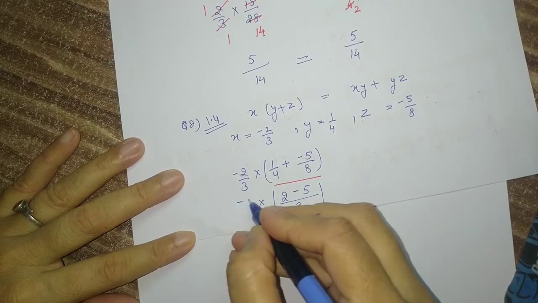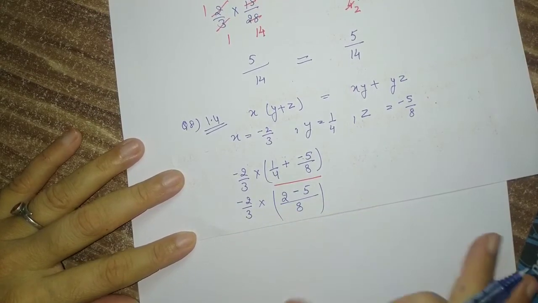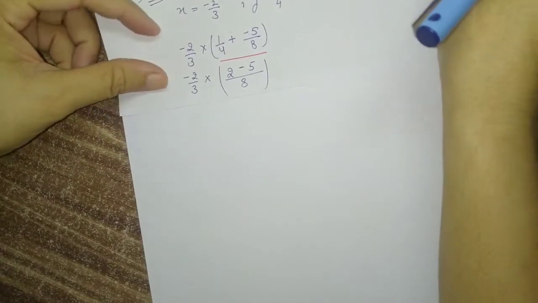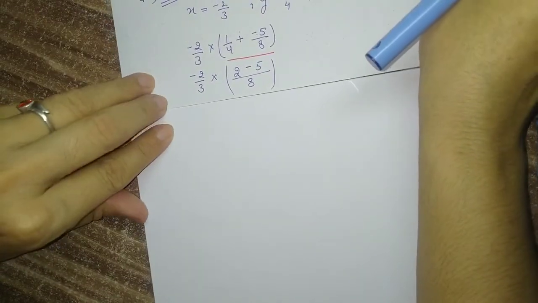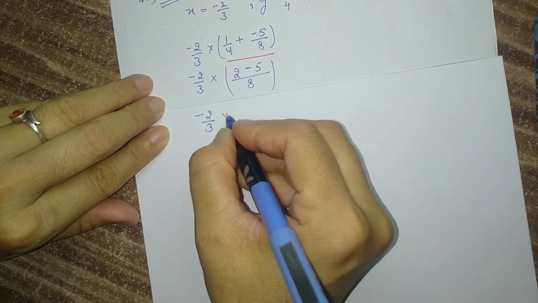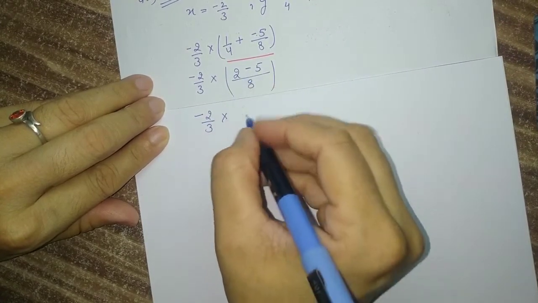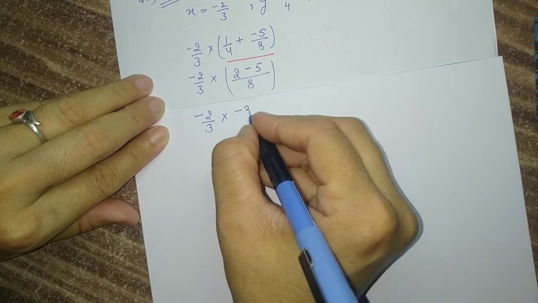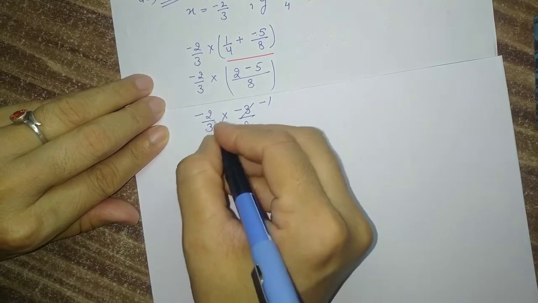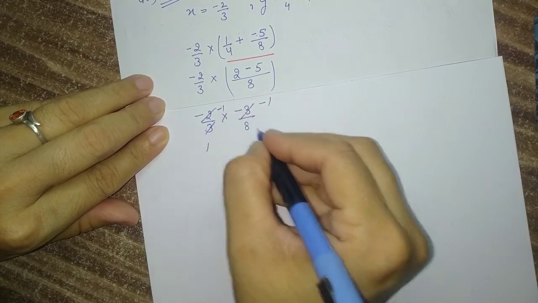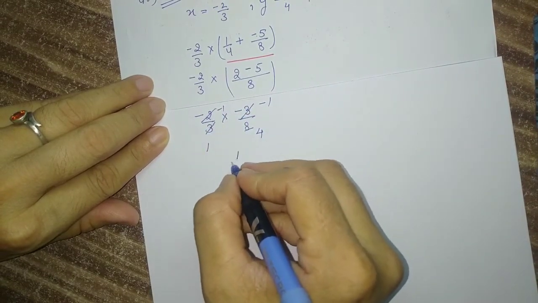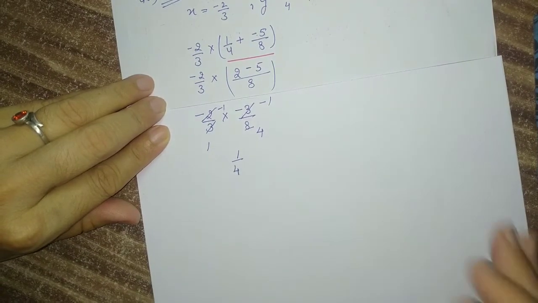And here is minus 2 by 3. Then we multiply: minus 2 by 3 multiplied by minus 3 by 8. 3 cancels by 3, 2 ones are 2, 2 fours are 8, minus minus plus, and we get the answer 1 by 4.